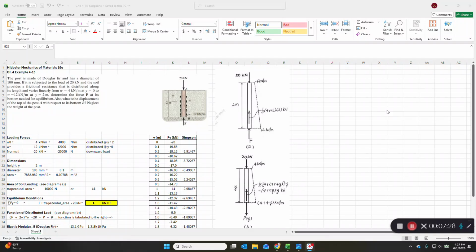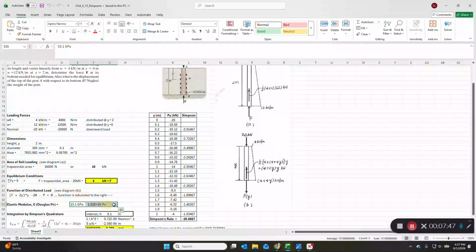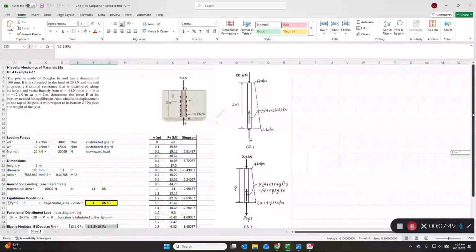In this next example, which is 415, we have quite a lot of analysis to do to solve this problem. So this is a post made of Douglas fir. We can look up the elastic modulus of Douglas fir, a type of hardwood, and that is 13.1 GPa. We look it up in a table.